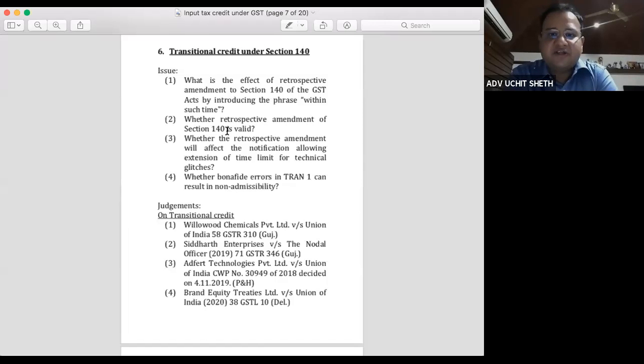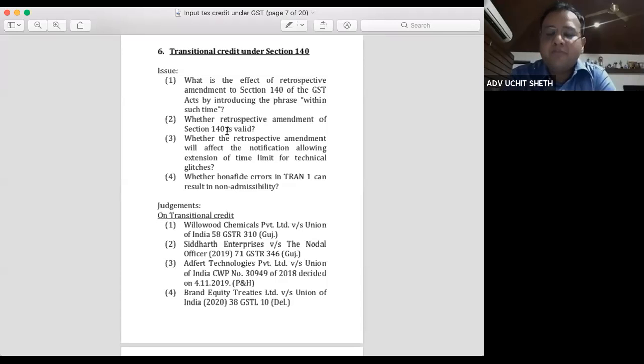Second question, whether such a retrospective amendment is constitutionally valid or not. Now here, according to me, again that principle can be pressed into operation, that if earlier you did not provide for a time limit in the statute, you only provided for a time limit in the rules, and that time limit was held by the high courts to be directory, and thereafter, with retrospective effect, you make an amendment in 140, which is impossible to comply with, because you have amended 140 and provided for a time limit much after the expiry of that time limit.